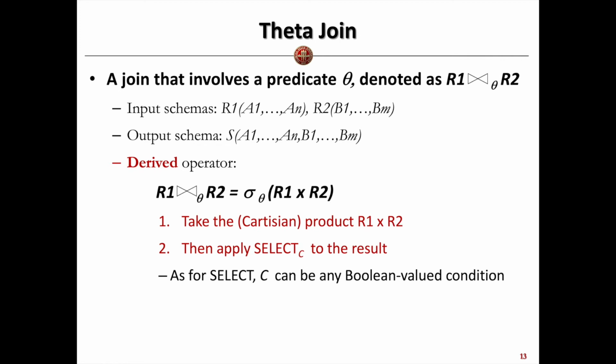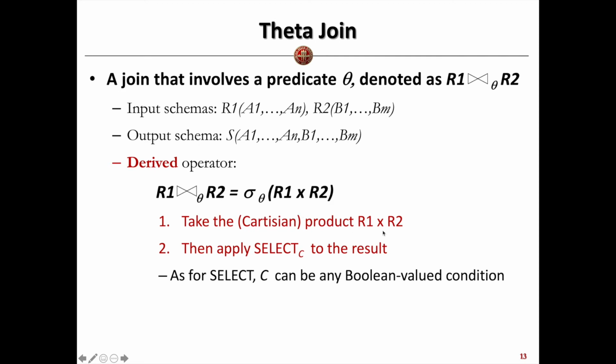Therefore, when we are working on the theta join, we take the product of R1 and R2 first, and based on the product relation, we further apply the selection to select tuples meeting our requirements. In this way, the output relation will be much smaller than the product.